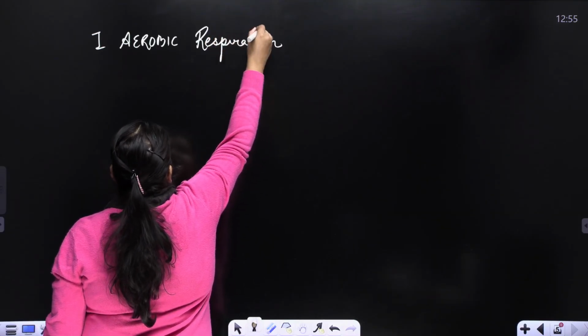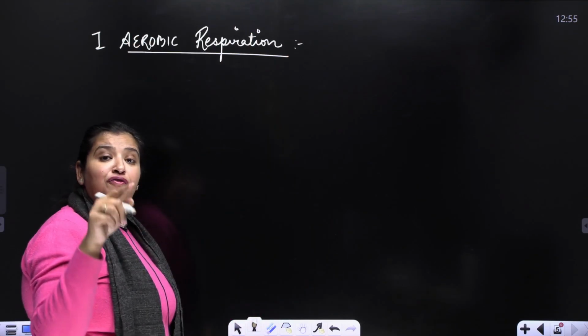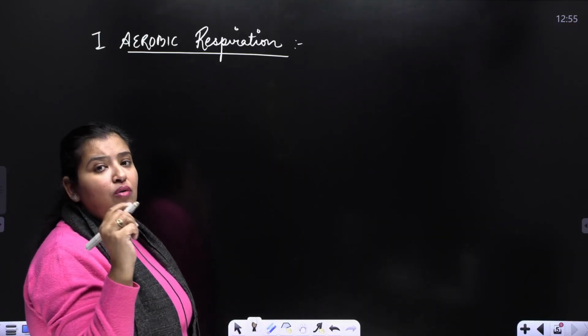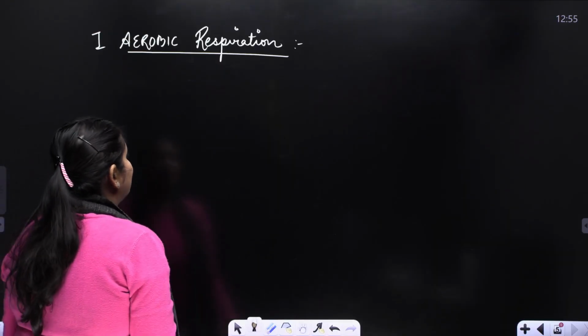We have to define it, children. If it comes for a definition, you have to write the complete information. You cannot miss out anything. All right. And for that complete information, let us put it to words.